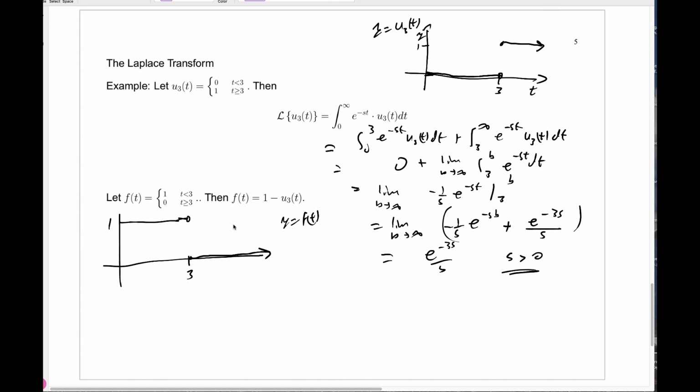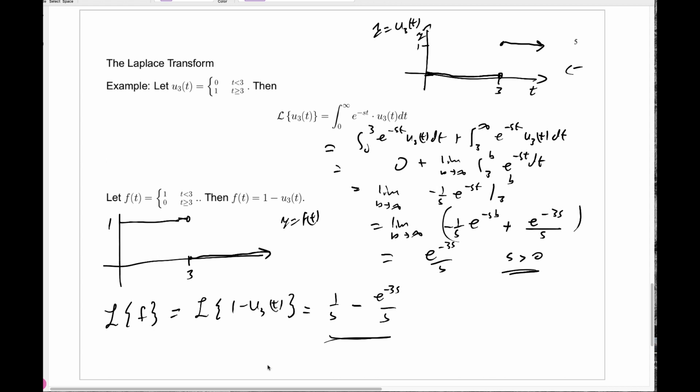Well, of course, it's really not a problem for you to compute the integral directly, to compute the Laplace transform of f. But we don't even have to do that, because f is just exactly 1 minus u sub 3 of t. If you just take 1 minus this function u, you get exactly this function f. So that's just the Laplace transform of 1, which is 1 over s, and we subtract the Laplace transform of u sub 3 of t, which we just computed. And there we have the Laplace transform of the function f.